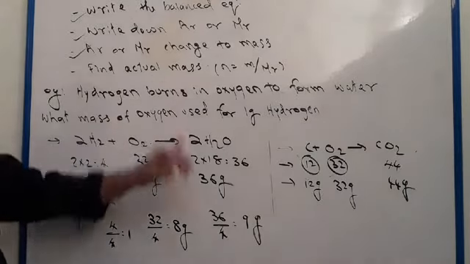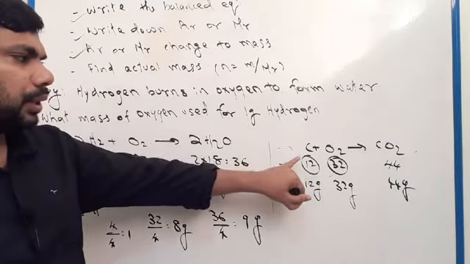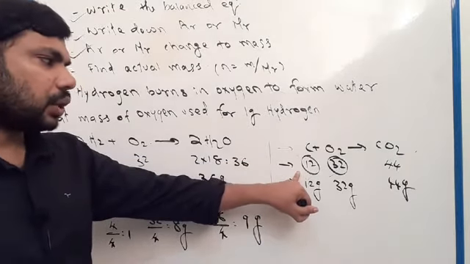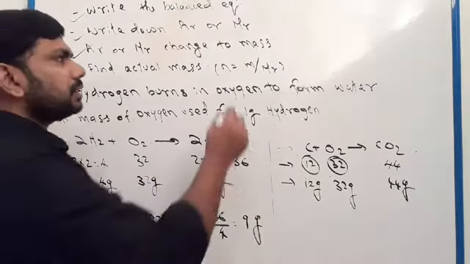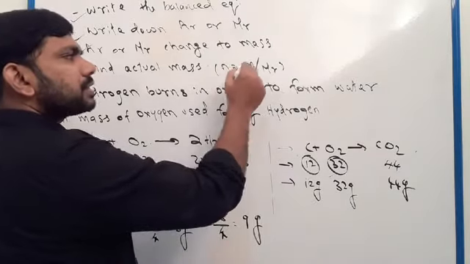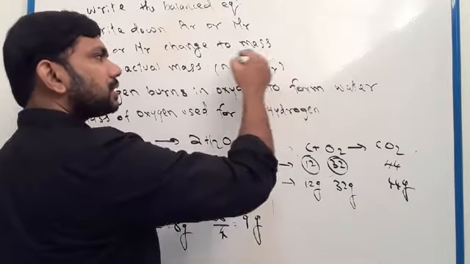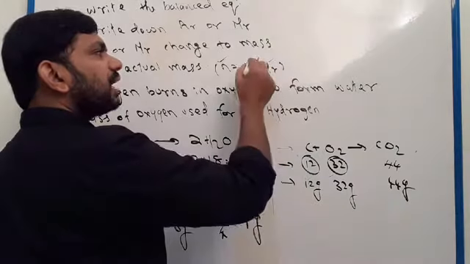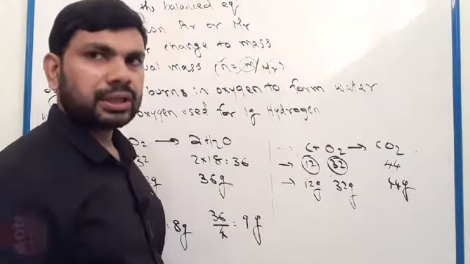Then here we find the actual mass. So we have the balanced equation with the relative atomic mass, then we wrote it in gram. Then using the equation, number of moles is equal to mass over molar mass. Using molar mass and number of moles, we can find the mass of reactants and products.